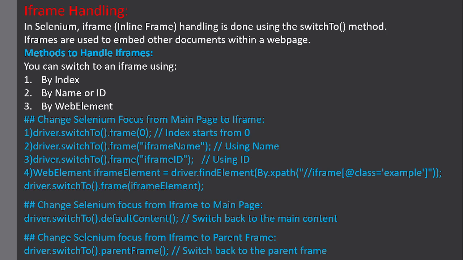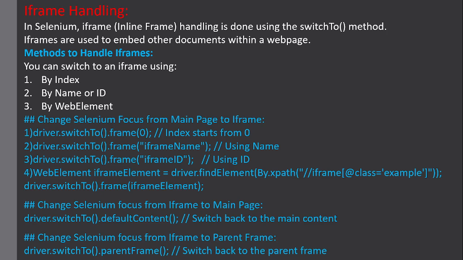There are different ways to perform operations on an iframe. First, change Selenium focus from the main page to the iframe. For that, we need to write code as follows. First, driver.switchTo().frame, here we are passing the argument as 0, that is, the index starting from 0. Second, driver.switchTo().frame, here we are passing the iframe name.